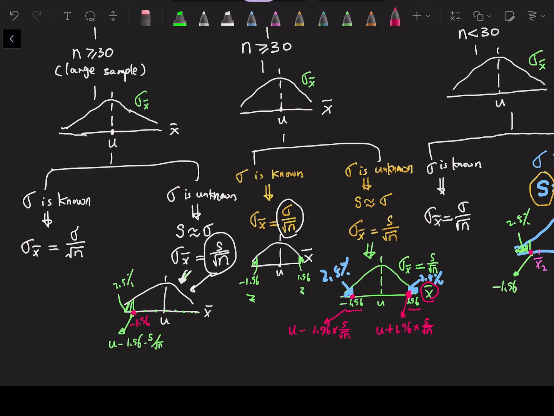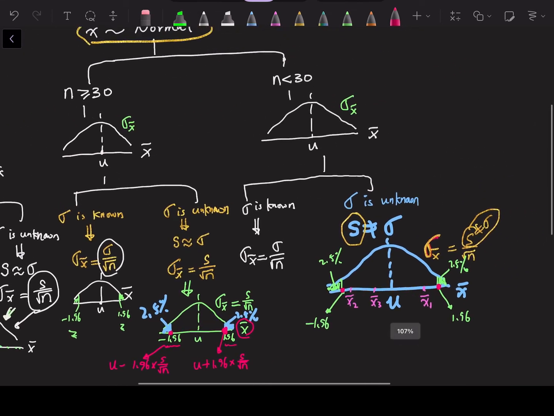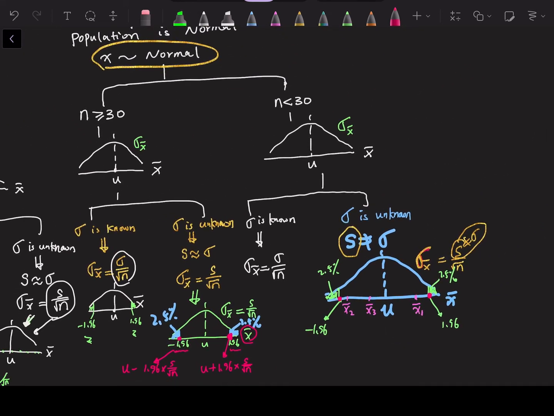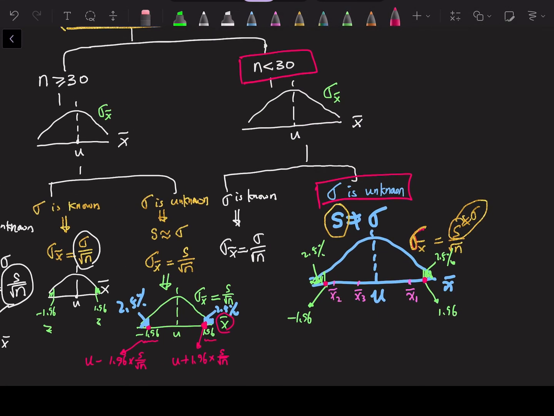But the thing is, if the sample is small and sigma is unknown, this point is not 1.96 standard deviations above the mean. If you write this point as the mean plus 1.96 times S over square root of n, this is the wrong standard error, because it should be the right standard error of x bar.